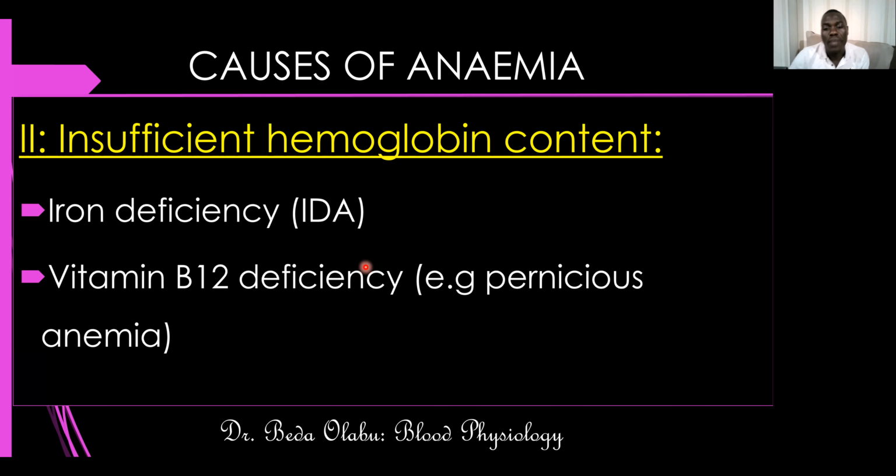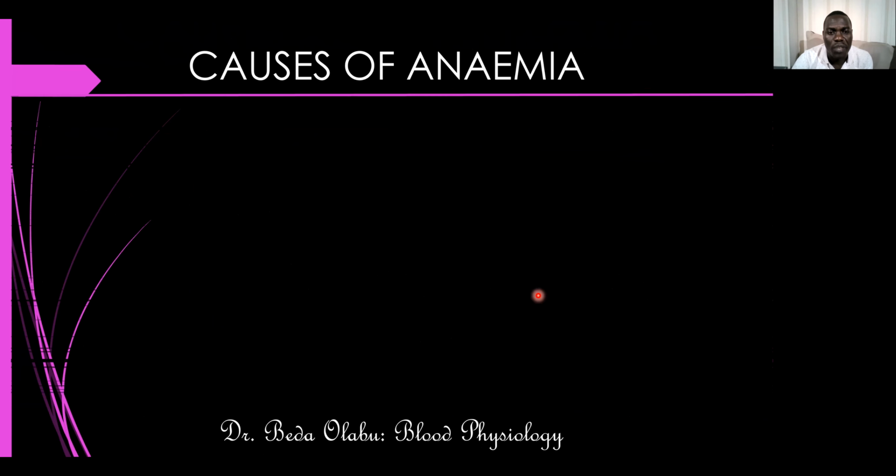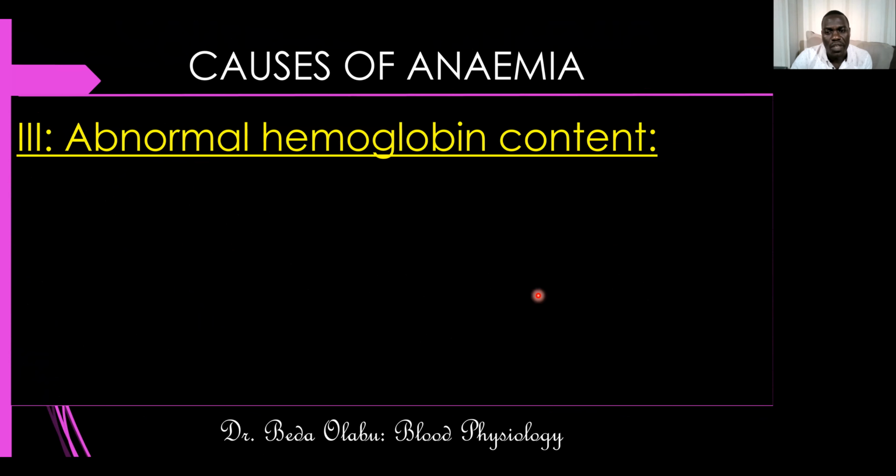That type of anemia, which is due to elimination or destruction of the cells that produce intrinsic factor so that you now have vitamin B12 deficiency, is what we call pernicious anemia. The third category of causes of anemia would be if you have an abnormal hemoglobin. So look, the number of red blood cells is normal.